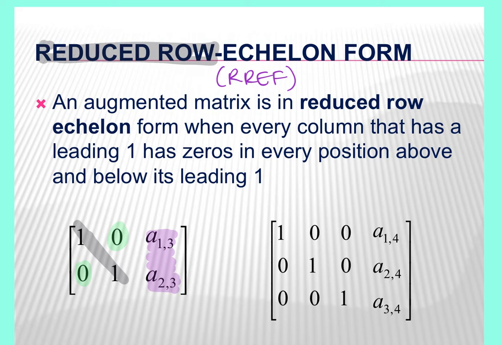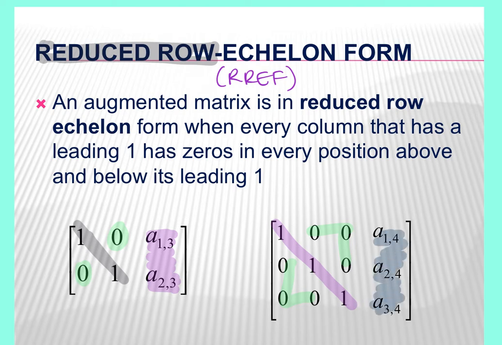Is that what you mean? Yeah. So for reduced row echelon, it's the same. And then for a 3 variable equation, you still want a diagonal of ones, and you need the zeros above and below. So there will be an equal amount on either side. Yes. And then the last column is always the constants.